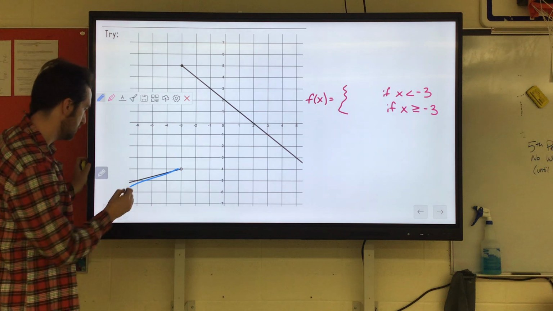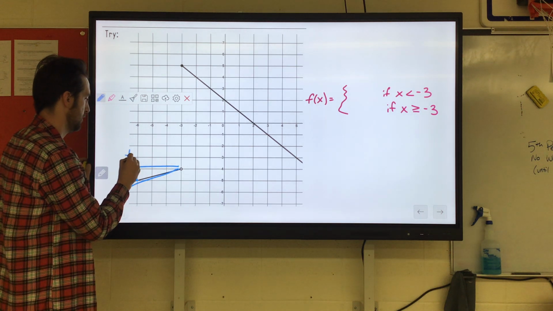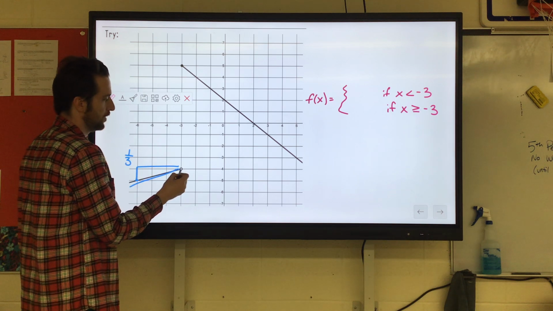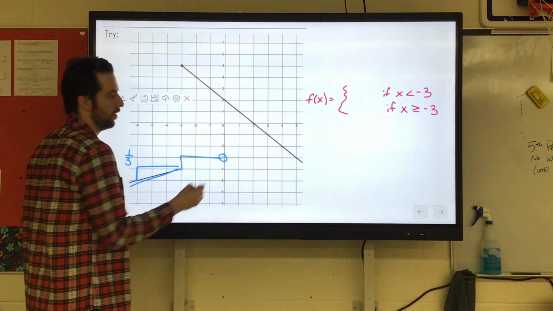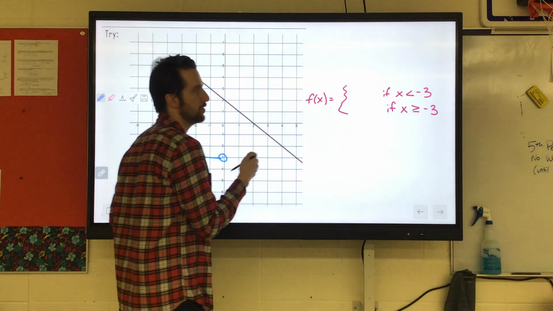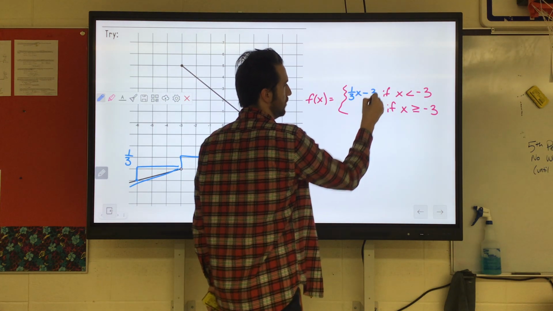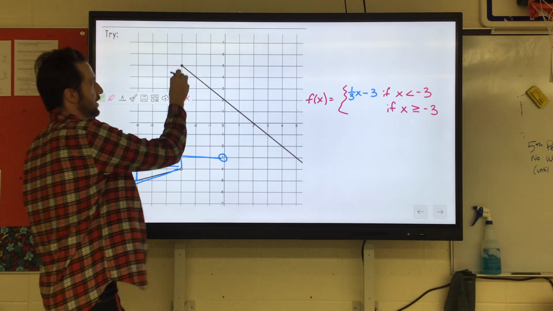So the slope on this one, I'm noticing, is up 1 over 3. So our slope is 1/3. So where would that cross the x-axis? If I went up 1 over 3 again, boom, our y-intercept is -3. Our slope is 1/3. Our y-intercept is -3. 1/3 x minus 3. I'll do the other equation in green.